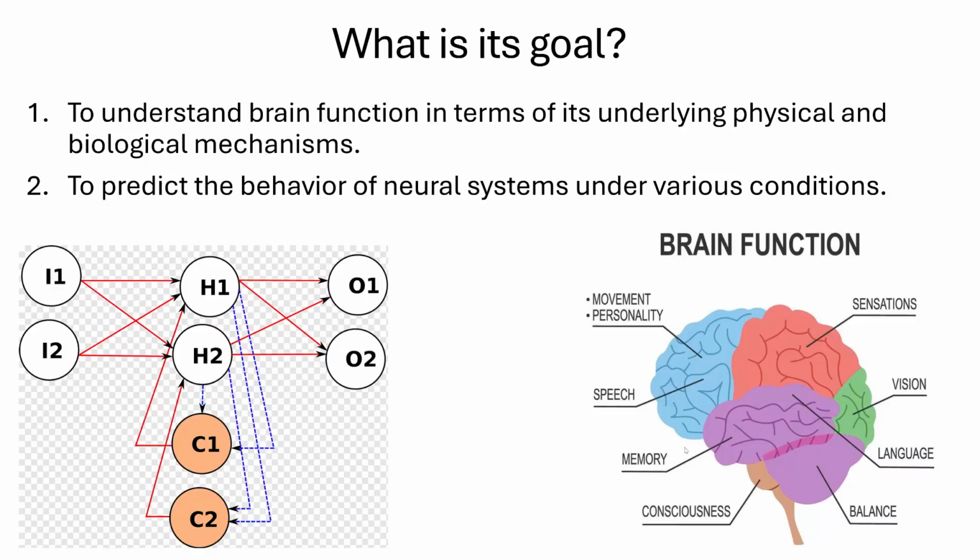We may have memory, which is the temporal cortex, consciousness and balance, which are subcortical regions, speech, which is the frontotemporal cortex, and movement and personality, which is more on the anterior part, the prefrontal cortex.